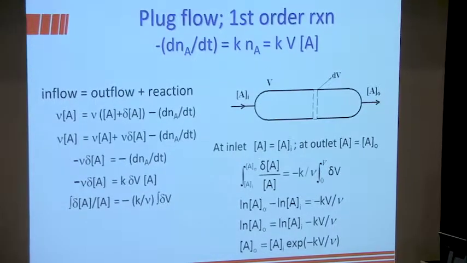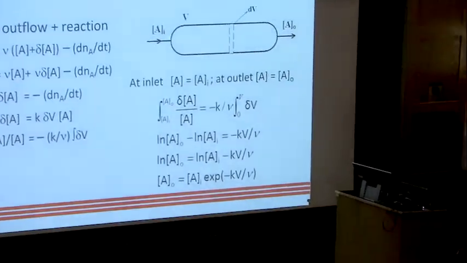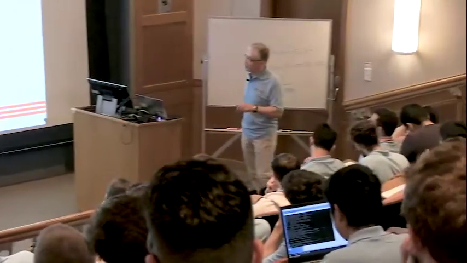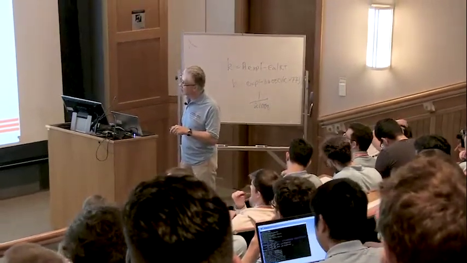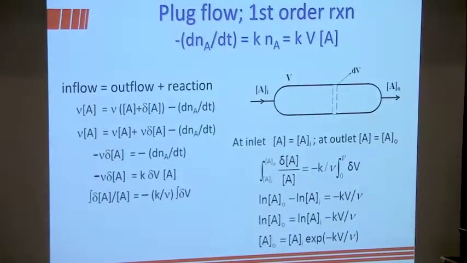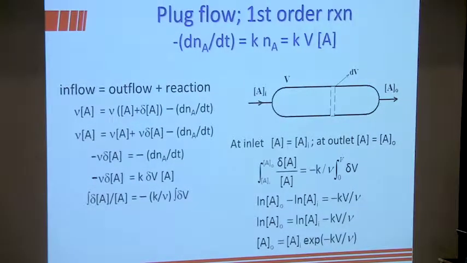So we integrate dA over A from the inlet concentration to the outlet concentration, and that's equal to minus k over nu times the integral from 0 to V of dV through the reactor. Then we have the log of the concentration of A at the outlet minus the log of the concentration of A at the inlet is equal to minus k times V over nu.